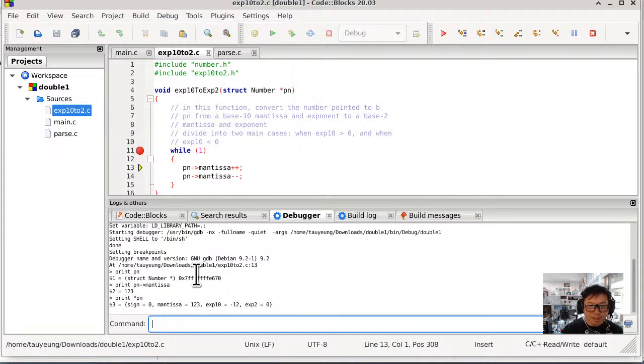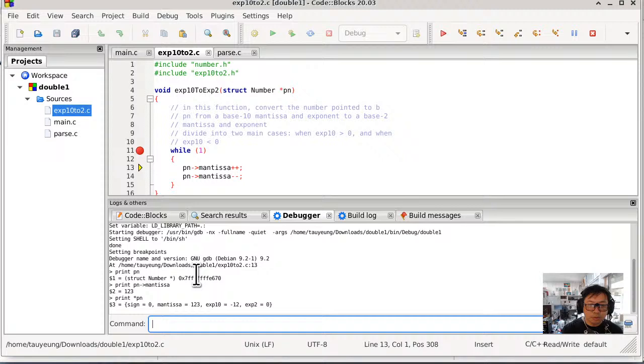So I can see the sign is a 0, the mantissa is 123, the exponent of 10 is -12, which is correct because the original exponent of 10 is -10, but the mantissa was 1.23 at the time.